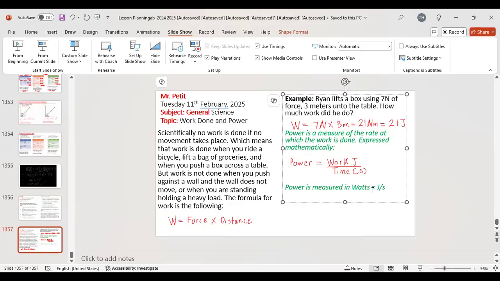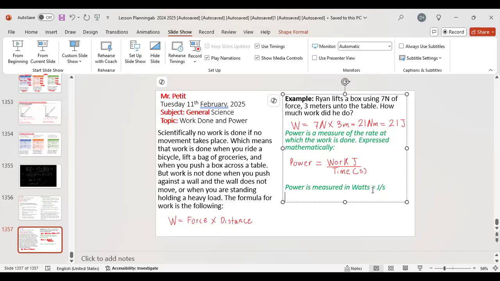So 1 watt is the amount of power to do 1 joule of work in 1 second. So 1 watt is equal to 1 joule per second.